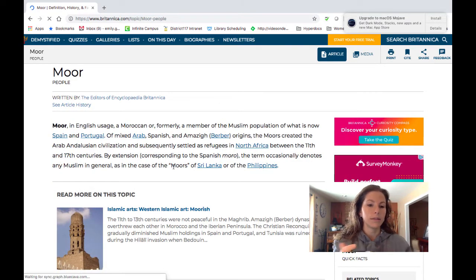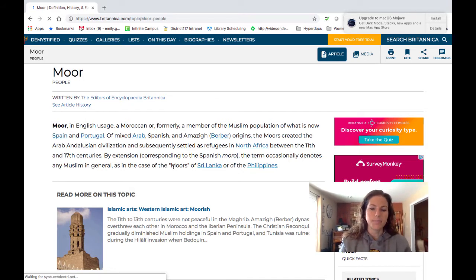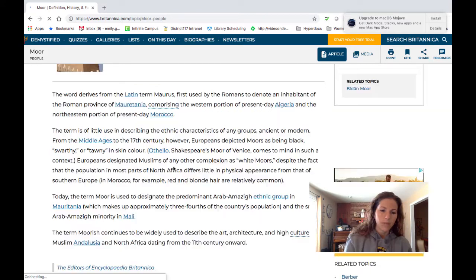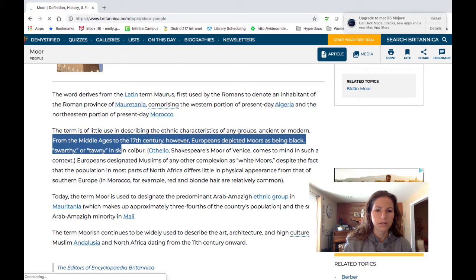So let's look here more. Something that might be really interesting. Here we have from the Middle Ages. Right, so I would take out a note card and I would write descriptions.